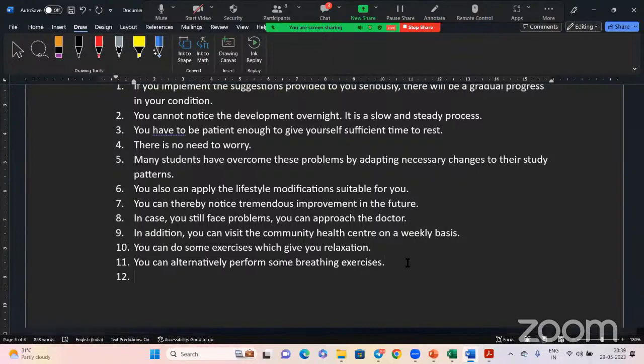And lastly, you can tune yourself from now onwards and be prepared for any unforeseen problems. Yeah. So this is how you can give some sentences.